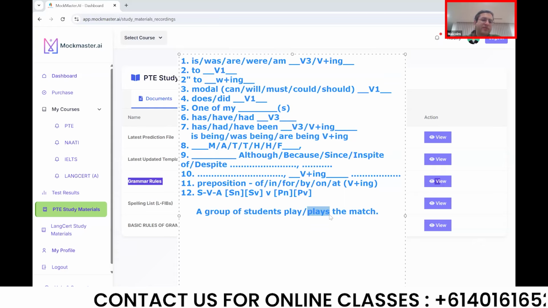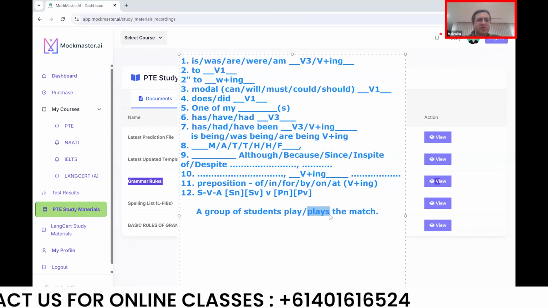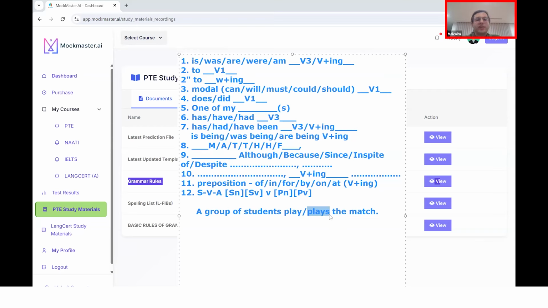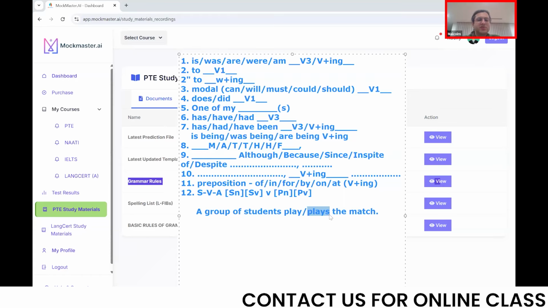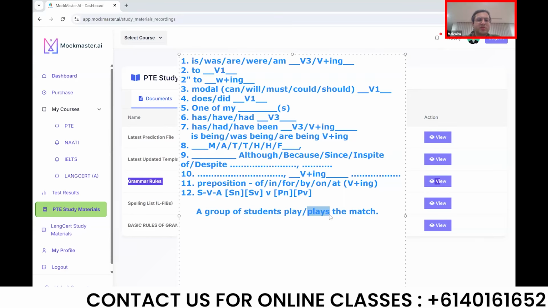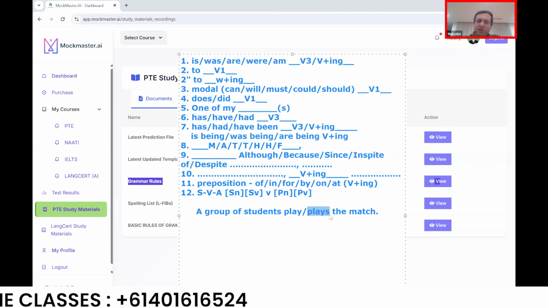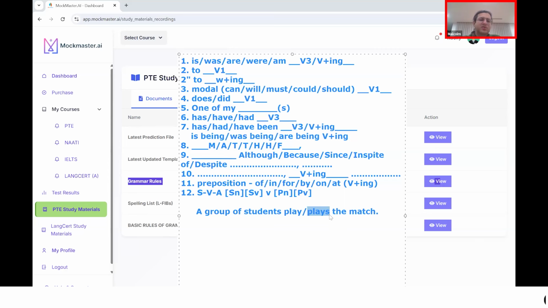So you have to be careful in such sentences. The same rule you can apply to check your answers when you're doing write from dictation. Instead of adding extra words, just double check your answers. That is, is the subject-verb agreement in place or not? And write any one grammatically correct answer.